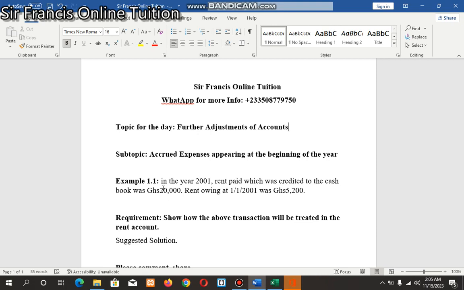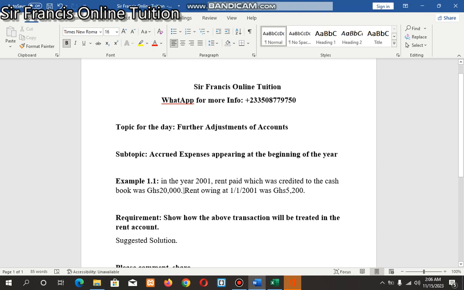No, the matching concept doesn't permit us to do that. It says that all expenses for a particular year should be matched against all revenue for that year. So this amount that we have in our books, 5,200 relating to the previous accounting year, is not part of 2001 expenses as rent.